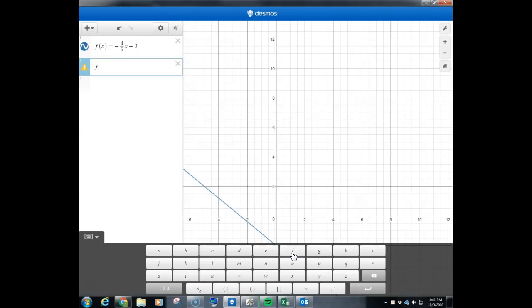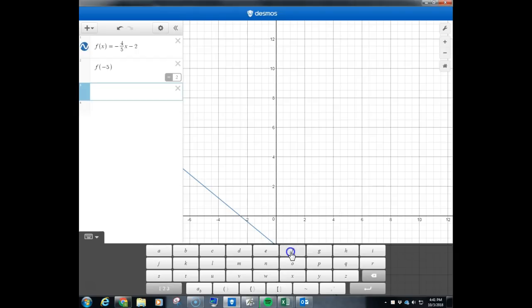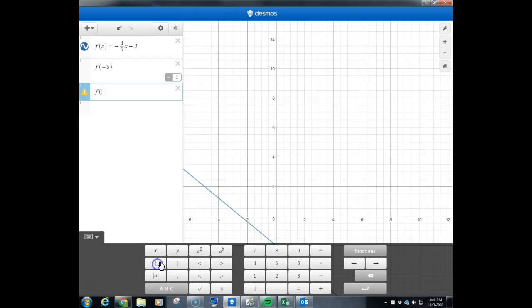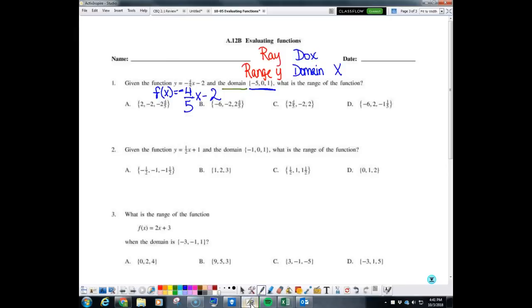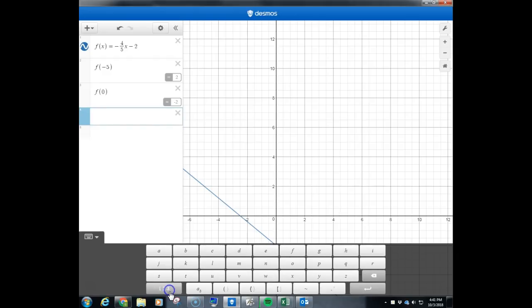So I have f of negative 5, f of 0, and then f of 1.